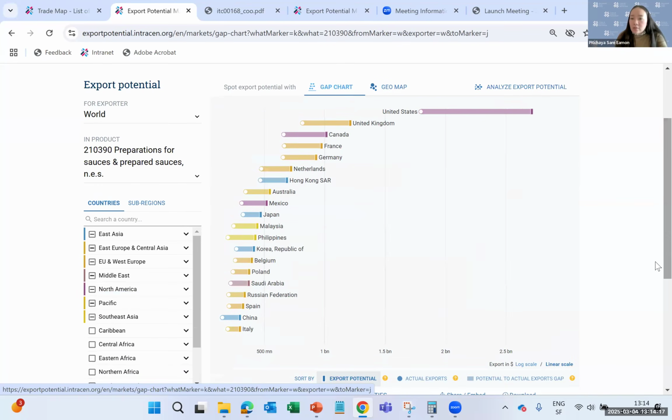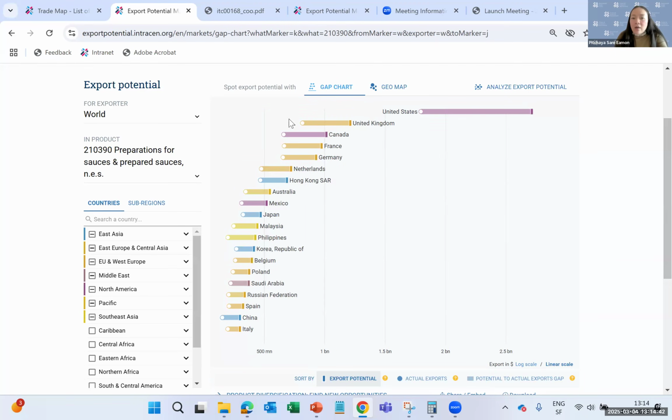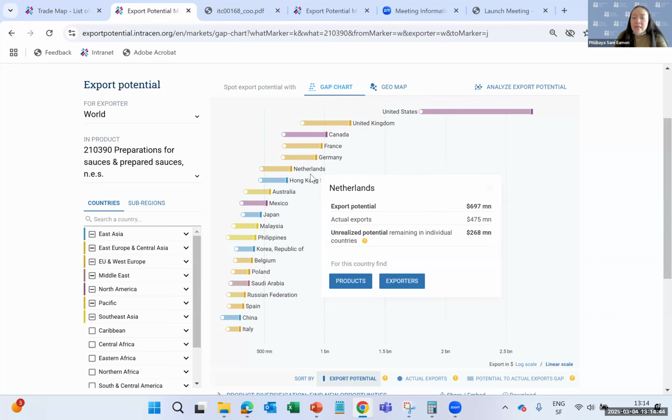So this is at the world's level. Like I did in trade map, I look at the world's level first. United States is consistent. It was the world's biggest importer in the most recent year, and looking forward in the future it is still the market with the biggest potential, still followed by United Kingdom. The third one, I think it was Germany in trade map, but now is Canada, France, Germany, Netherlands.